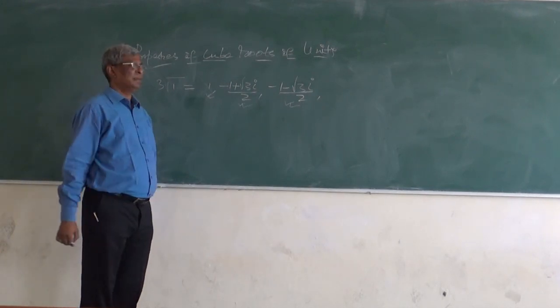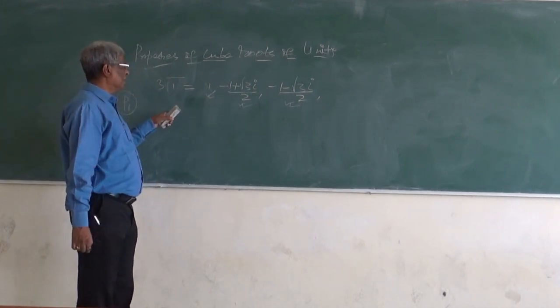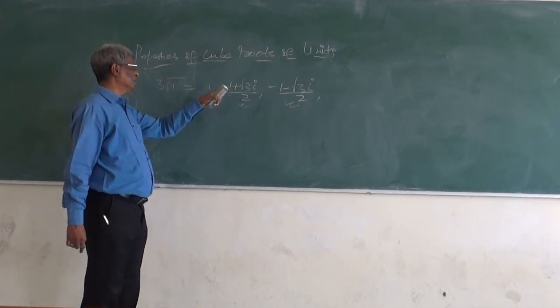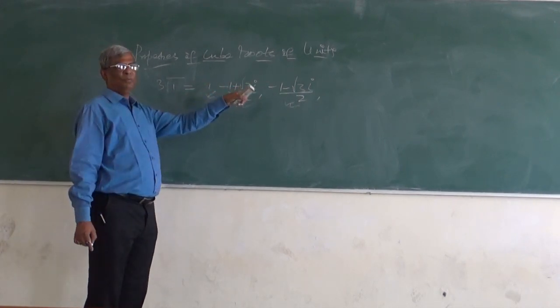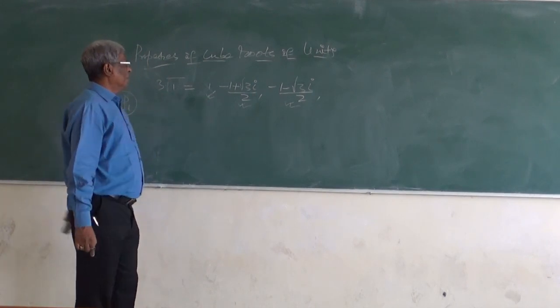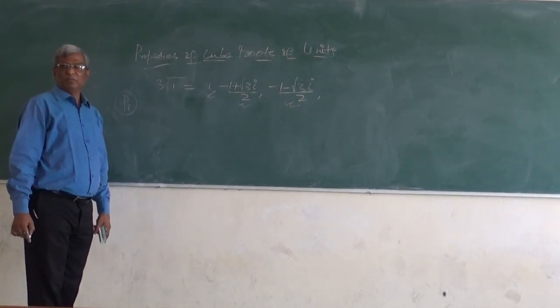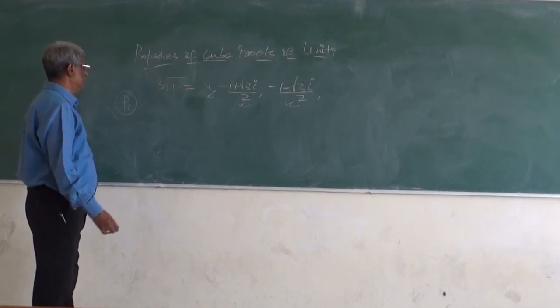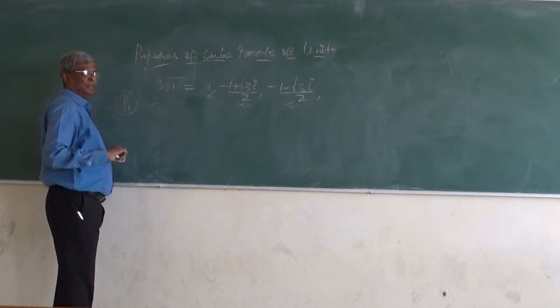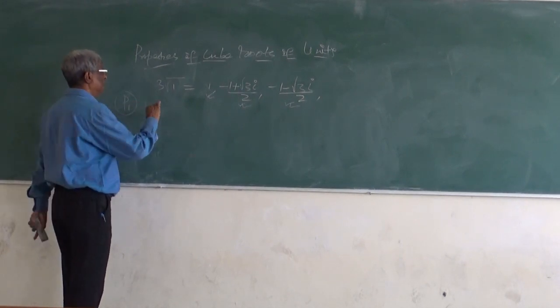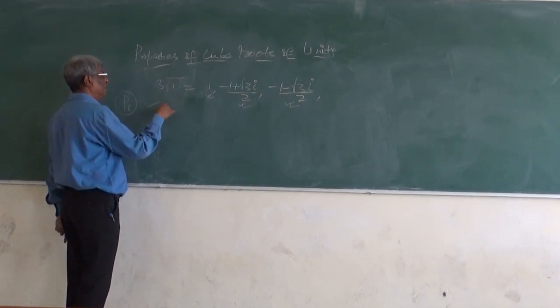Again I am repeating: property number 1 is that out of 3 cube roots of unity, one is real and other 2 are complex conjugates. Okay, so this property is completed.